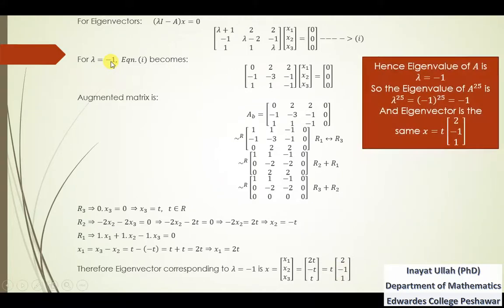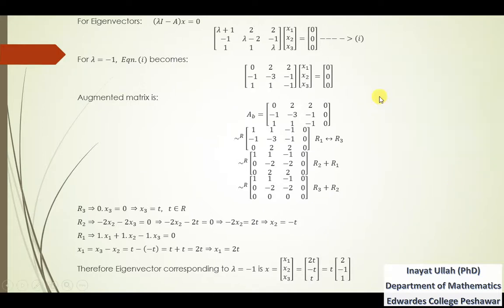Similarly, the eigenvalue of A is minus 1, but we are going to find the eigenvalue of A power 25, so that will be lambda power 25.